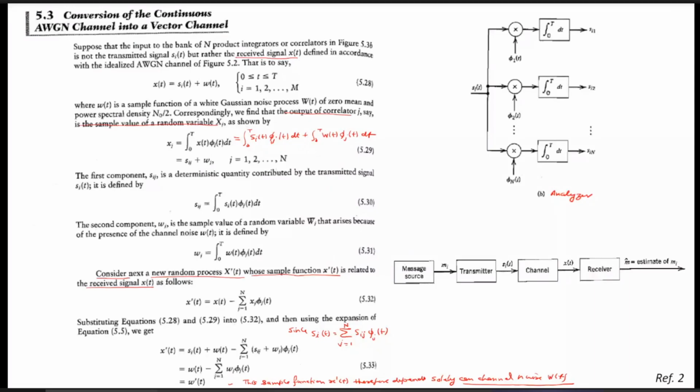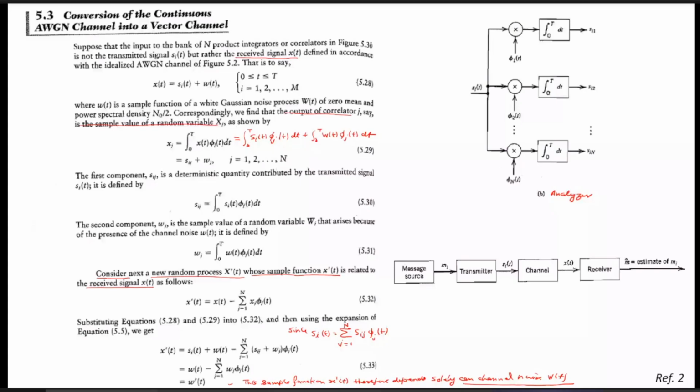Then we saw phi 1, phi 2, phi 3, phi n, which are the n orthogonal basis functions. How can we describe mathematically that phi 1, phi 2, phi 3 are orthogonal to each other? For that we studied the Gram-Schmidt orthogonalization procedure.